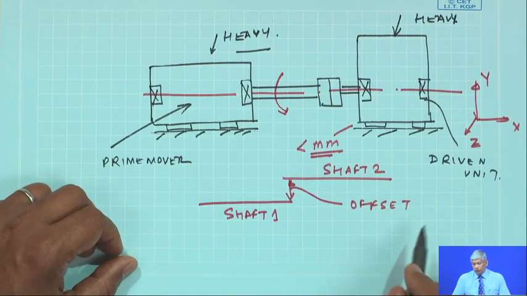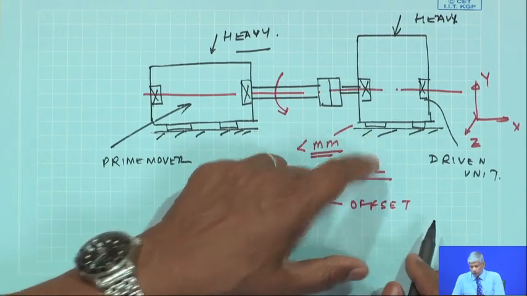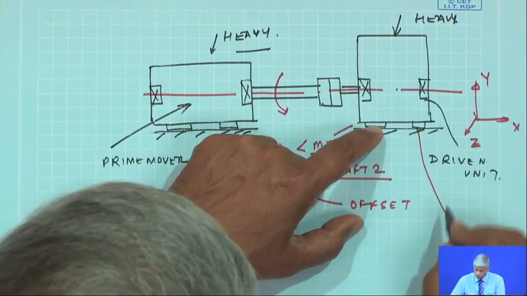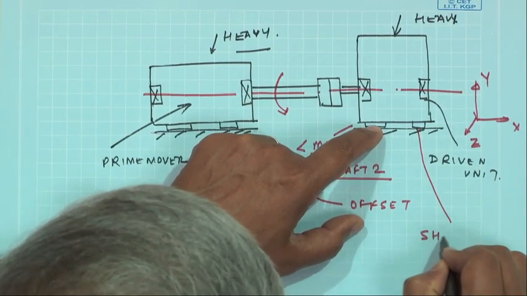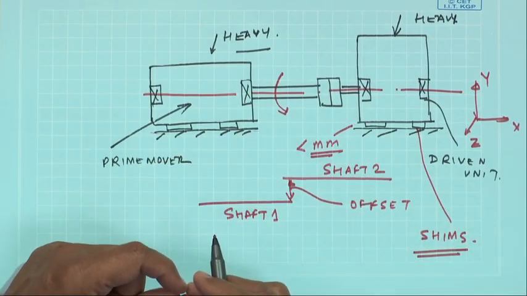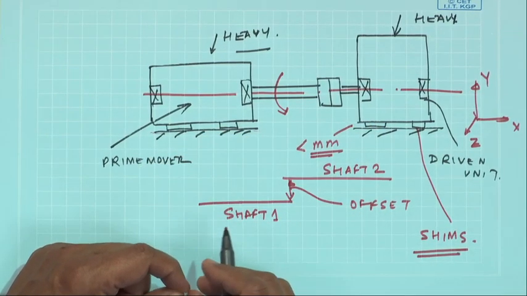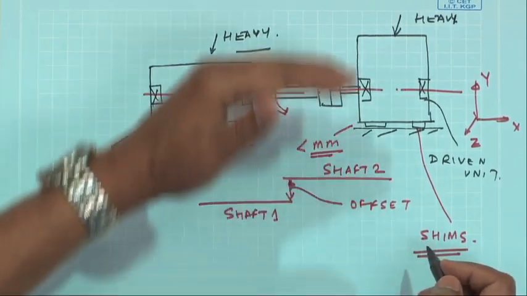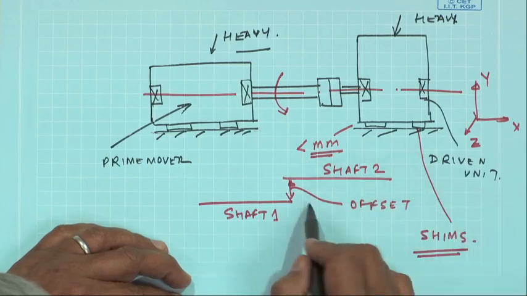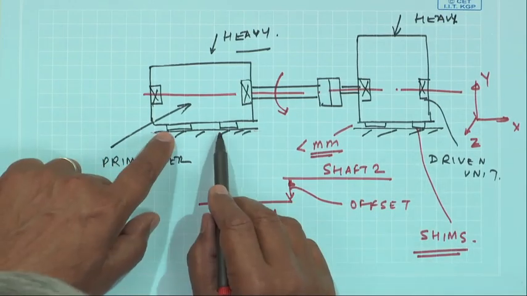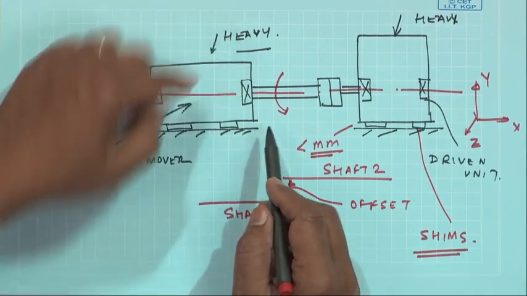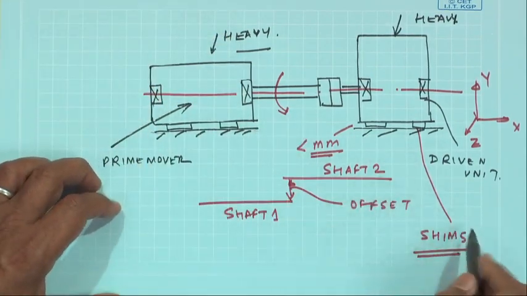So, we have to physically ensure, by taking care of these height differences, by what is known as putting shims. Shims are nothing but very hardened steel plates, okay, which can take a good amount of load, and they can make up for these gaps. If this has gone up, I can put shims at the foot of this machine and raise this shaft so that they are aligned.